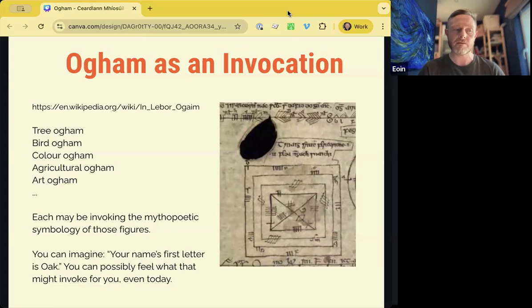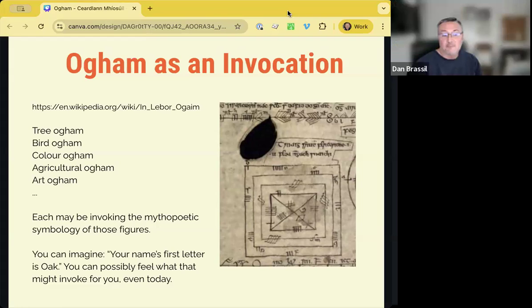What that means is, for example, the trees, right? The first letter is B, birch. So you're using the names of trees to give names to the letters. But in bird Ogham, it's a bird that's used to give a name to the letter B, and so on and so forth.